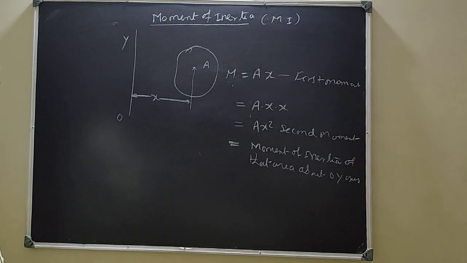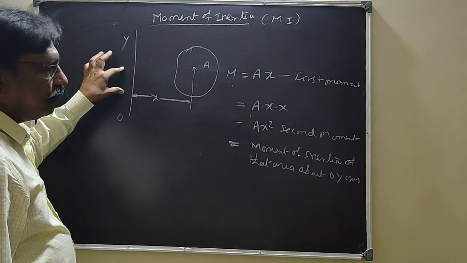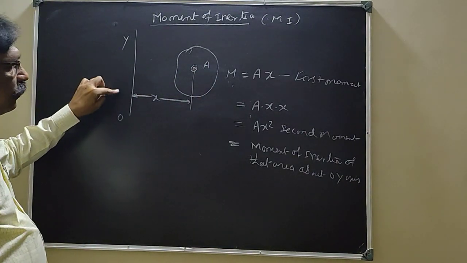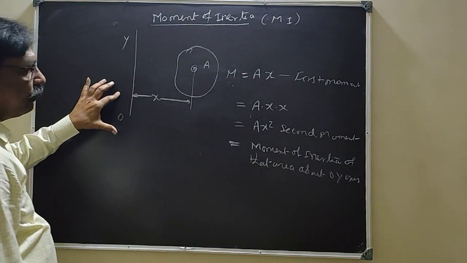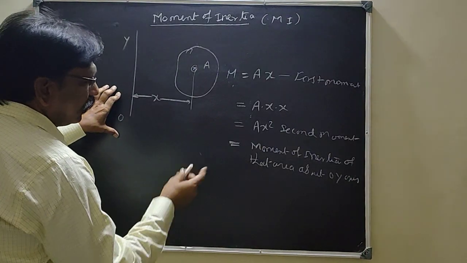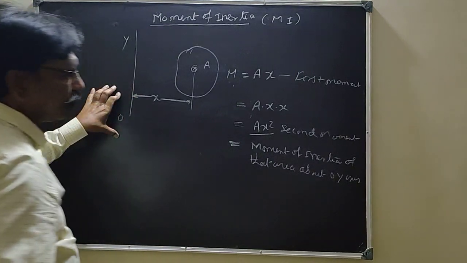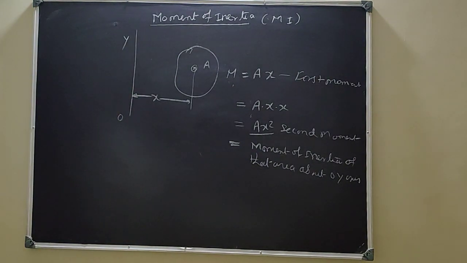So that means the moment of inertia of any area about any reference axis is directly the area multiplied by the square of the distance. Area multiplied by the square of the distance is called the second moment, and that is also called the moment of inertia.